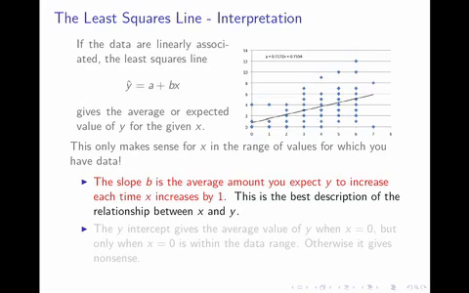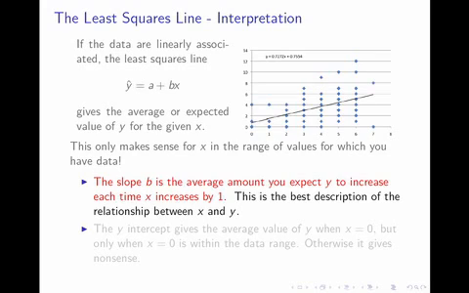So if we combine how you interpret the slope and y-intercept of a line with what the least squares line is doing in terms of prediction, you get the following interpretations of the slope and y-intercept. These are really important. These are the basic qualitative takeaway when you've done a least squares line.